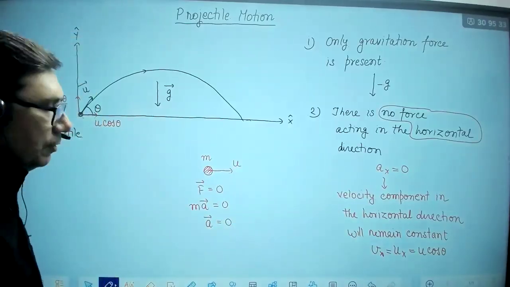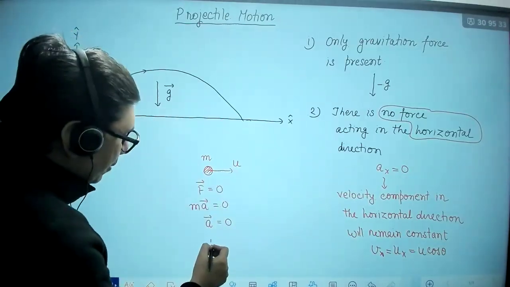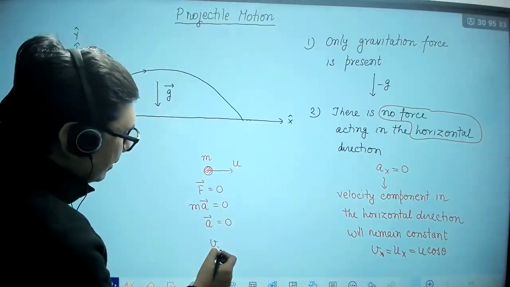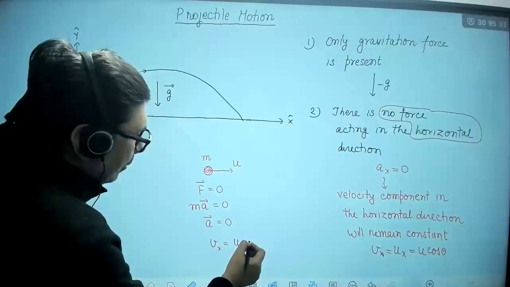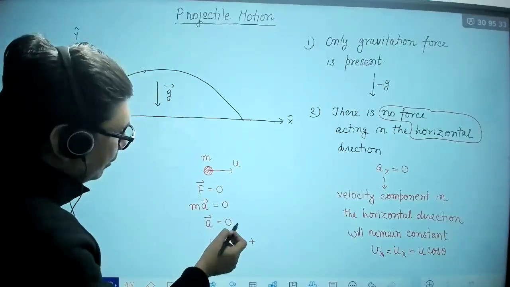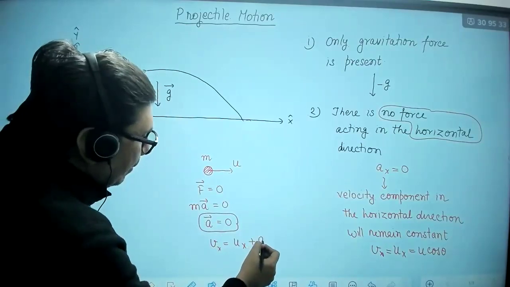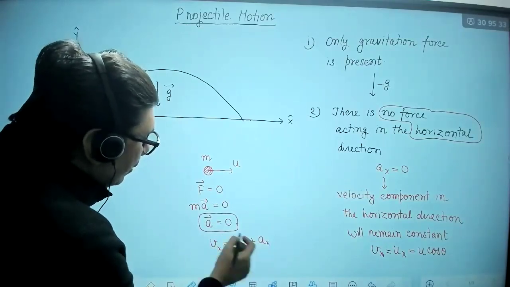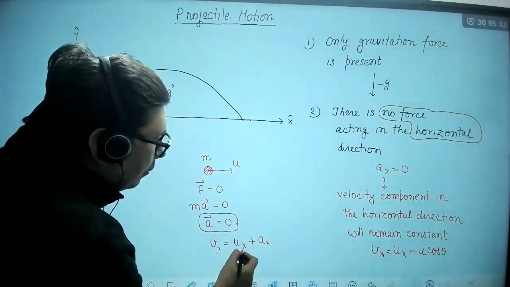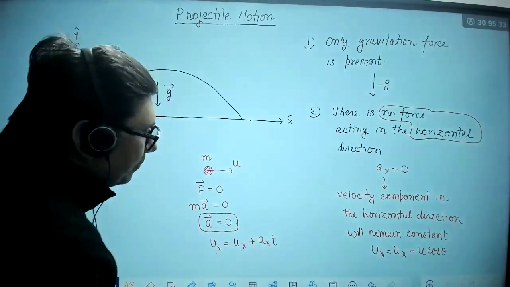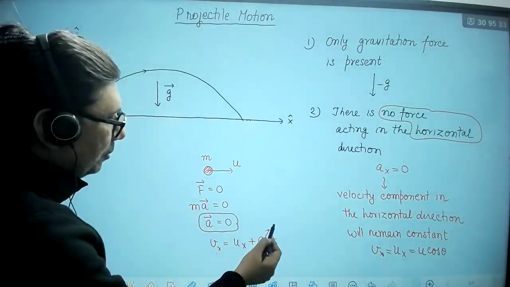When acceleration is 0, suppose this is 1D motion, just for your understanding, this Vx will be equal to ux plus a t, because a is constant, and here the acceleration a_x is 0.